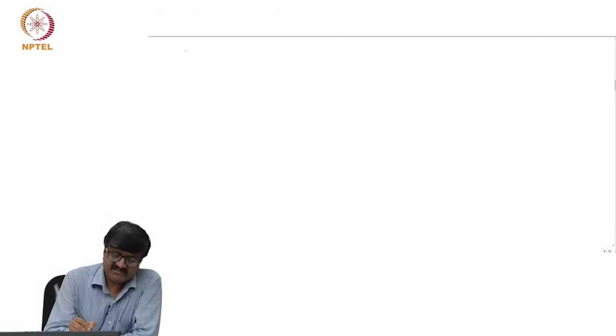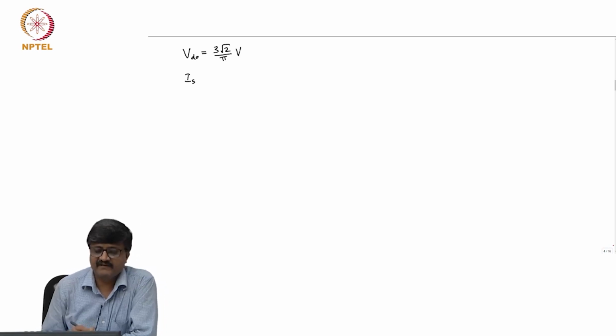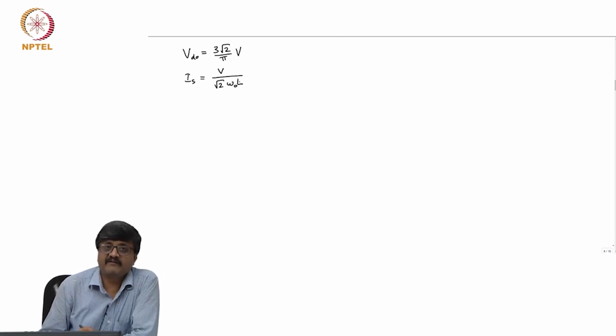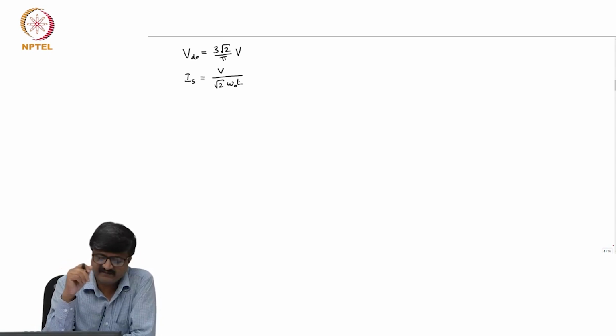If you look at the expression for VDO and IS, VDO is 3 root 2 by pi V, where V is the RMS value of line to line voltage, and IS is V by root 2 omega O L. Omega O is the operating value of the angular frequency and L is the inductance in each phase on the AC side.